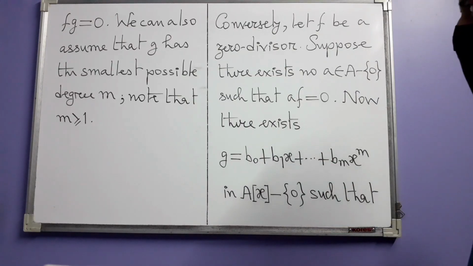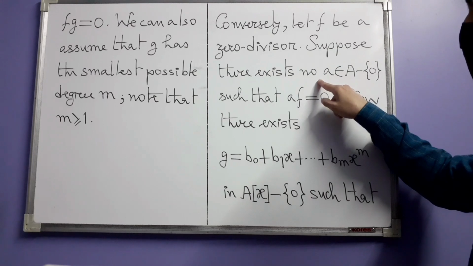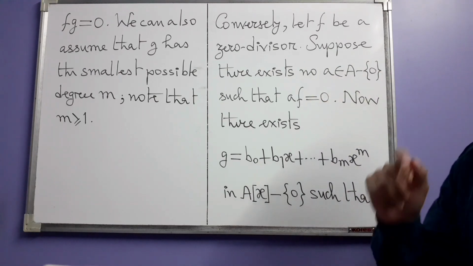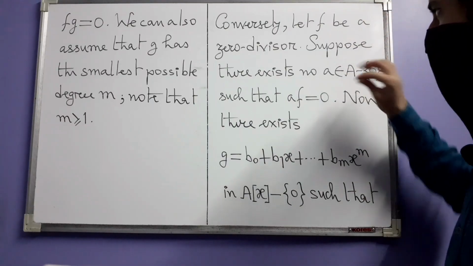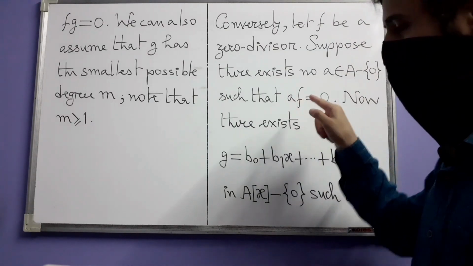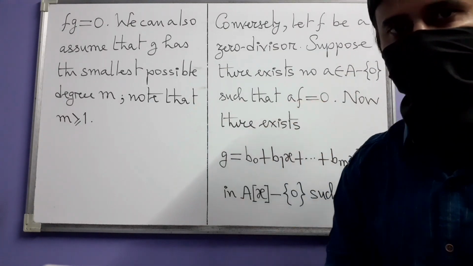But you look at this supposition, what did we suppose here? We have supposed that there exists no non-zero ring element in A such that if you multiply f with that ring element you will get 0.